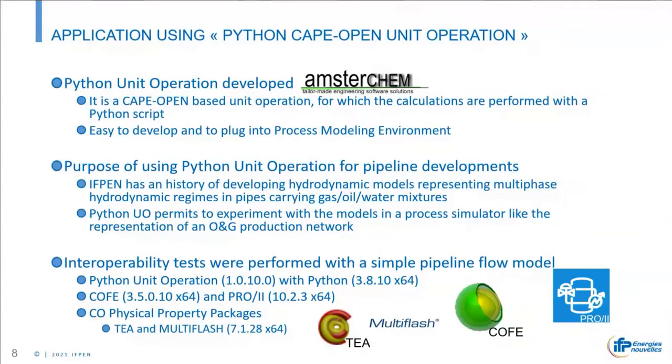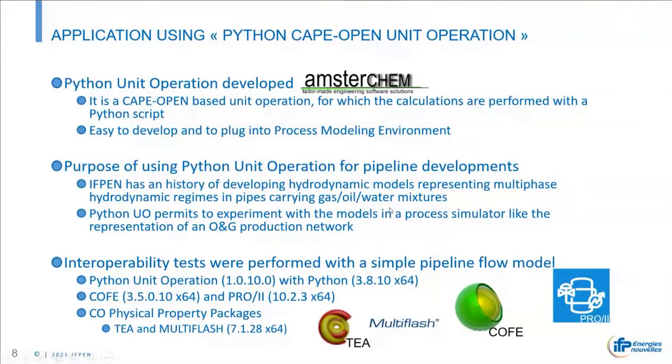So I have performed some interoperability tests with a simple pipe model. I was running the Python unit operation with Python 3.8. I've used COFFEE and Pro2 to perform some tests on two physical property packages: TEA, coming with the COCO suite, and Multiflash.